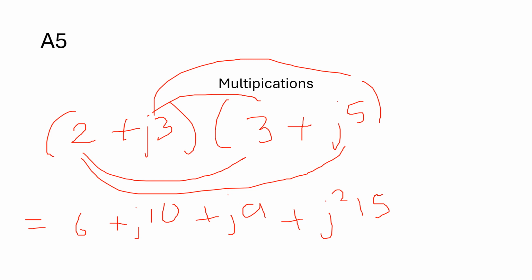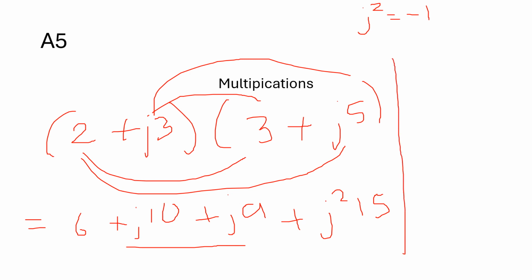Okay, so if ever you have j and j terms, you can add them. And then remember, what is the value of j squared? You just have to know it by heart: j squared is equal to -1.